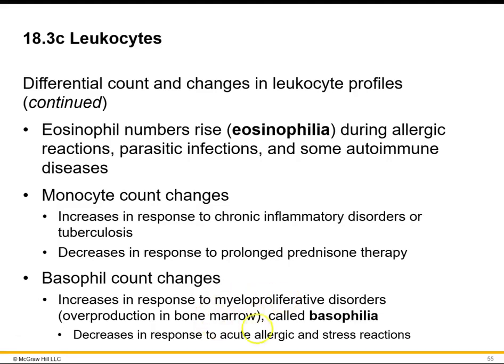Another problem with myeloproliferative disorders is that overproduction in one particular kind of cell can crowd the bone marrow and that space that the bone marrow is in. And it can interfere with the ability of the bone marrow to produce other types of cells. So you can get a decrease in other kinds of cells during a myeloproliferative disorder.